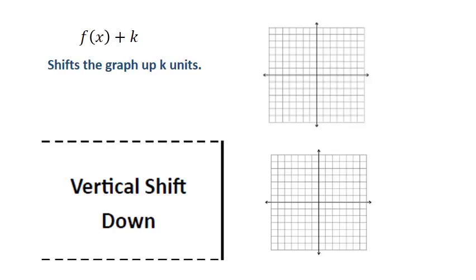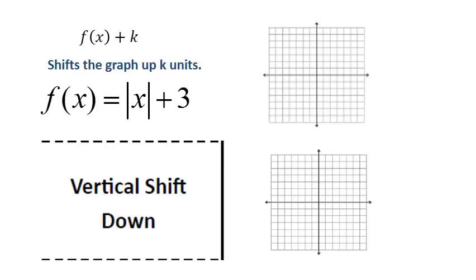For example, if I have the function of the absolute value of x plus 3, that means we shift the graph up k units, or in this particular example, 3 units. Notice again that the addition takes place outside of the parent function, in this case outside of the absolute value.